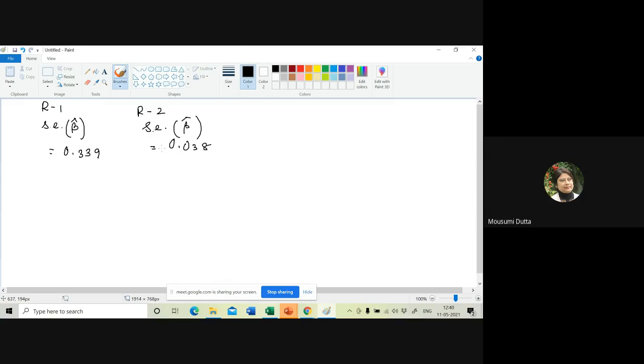These are the values. Question is whether you can interpret this finding or not. Any idea, anyone? Any guess?